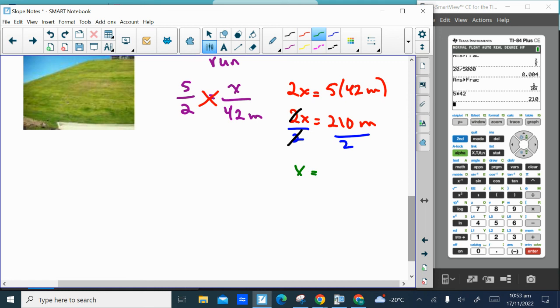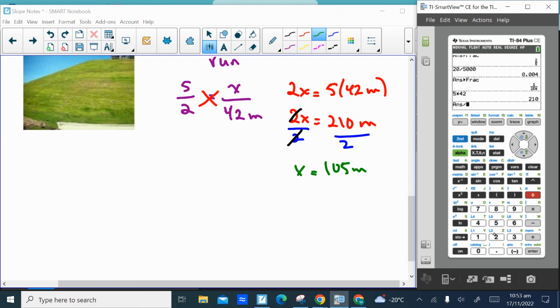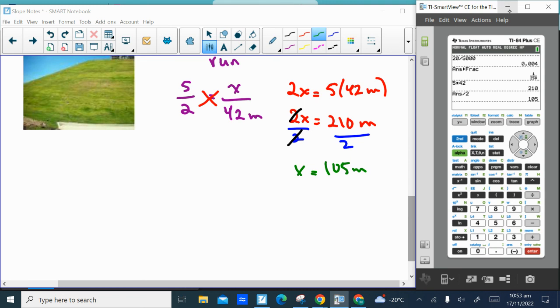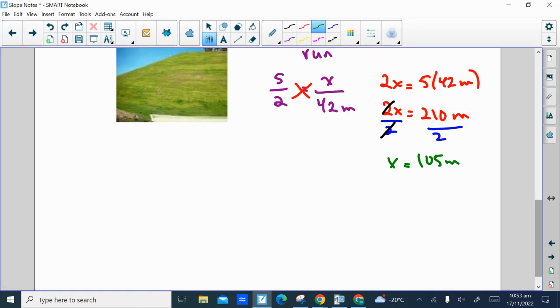You'll get 1x, or just x equaling, and 210 divided by 2 is 105 meters. And so there's our answer. That is the rise of that piece of land. 105 meters it rises.